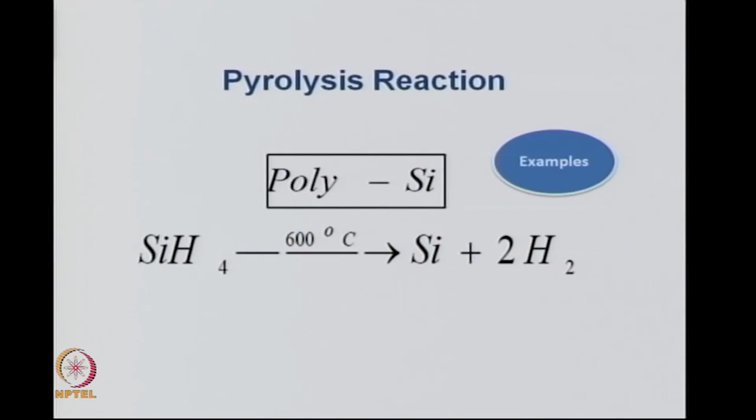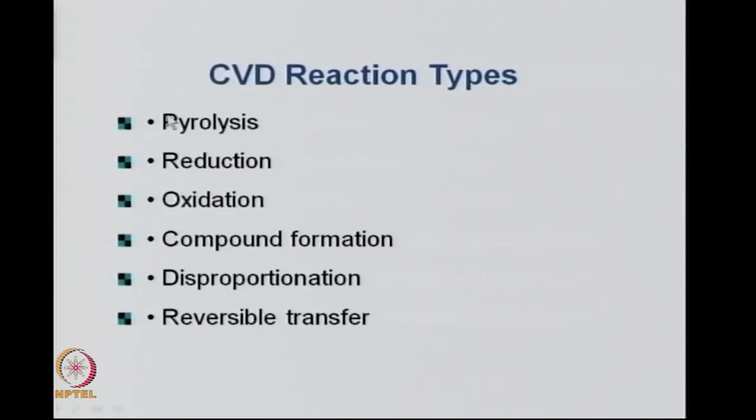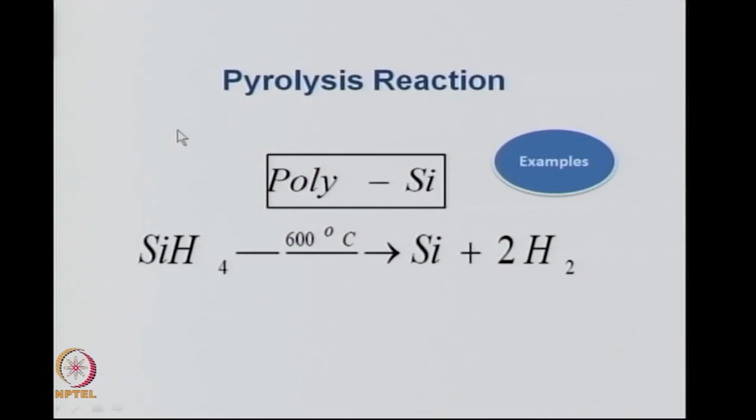So, if you take the first case, the pyrolysis reaction, this is a typical pyrolysis reaction where you want to make polysilicon. You take a gaseous species called silane, SiH4, and when you heat it at 600 degrees Celsius, it gives rise to silicon and hydrogen.